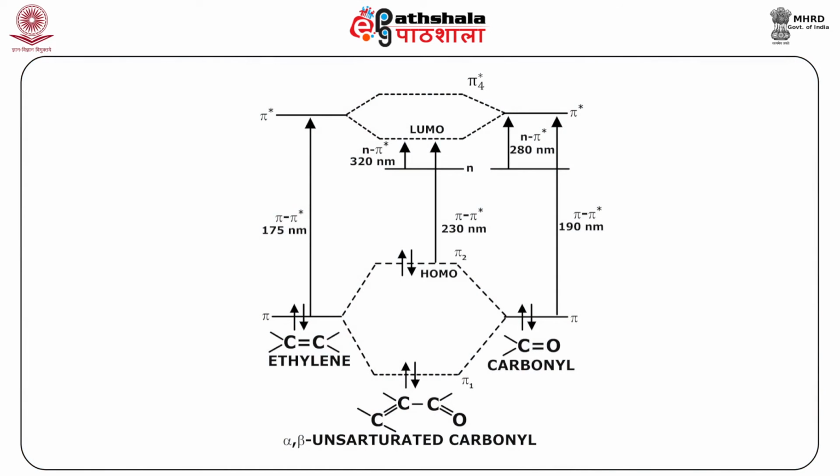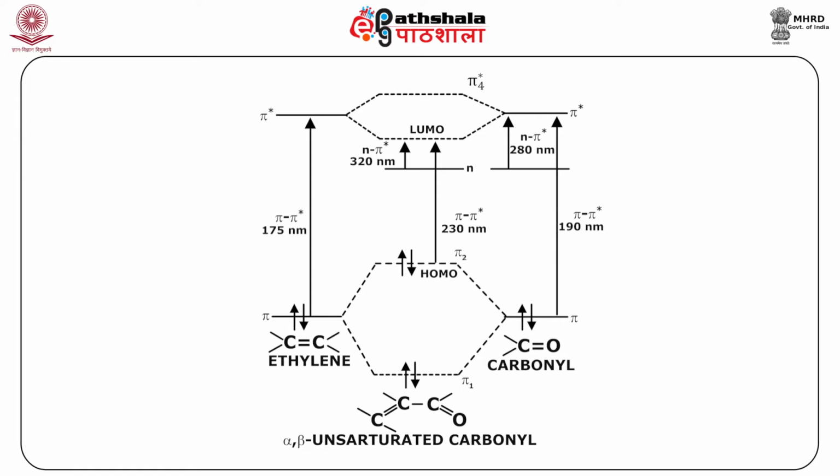If the carbonyl group is conjugated with a C=C double bond, that is, in alpha beta unsaturated compounds, both pi to pi star and n to pi star transitions shift to a longer wavelength compared to the unconjugated carbonyl compounds.